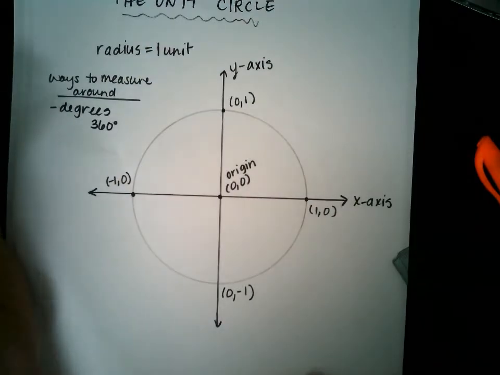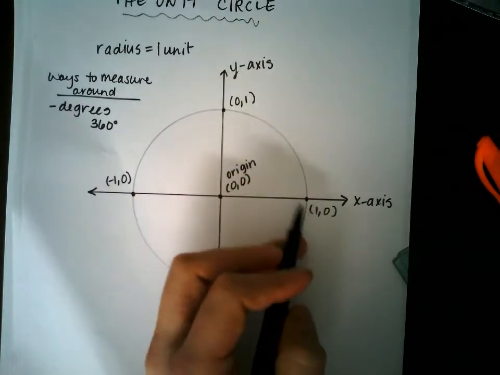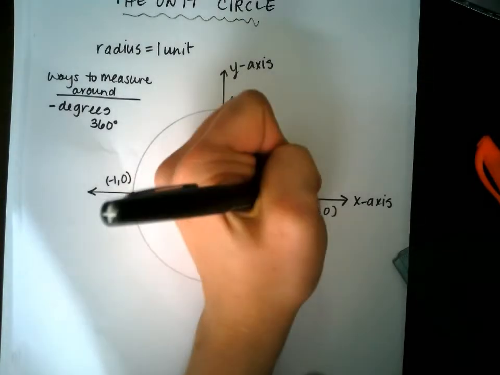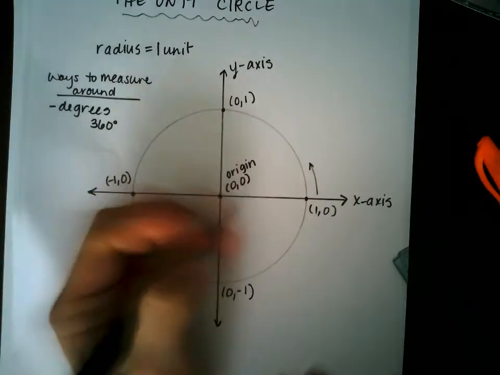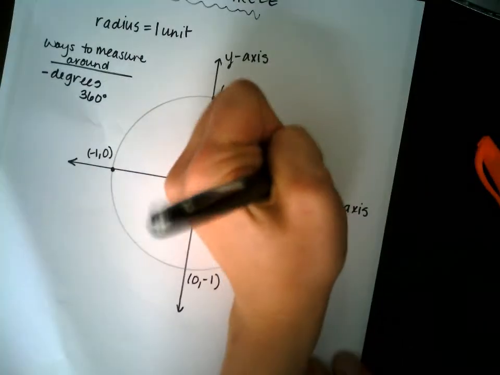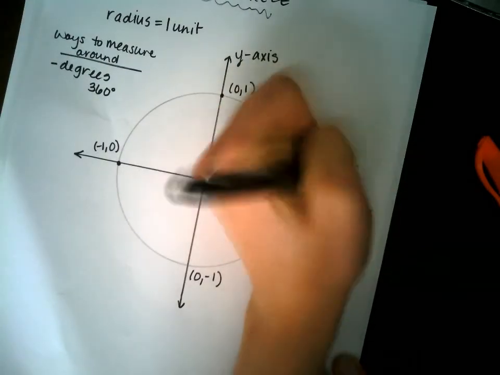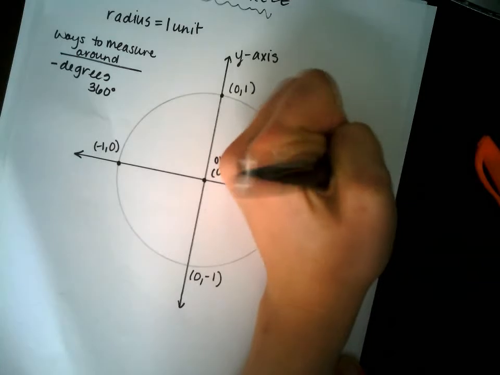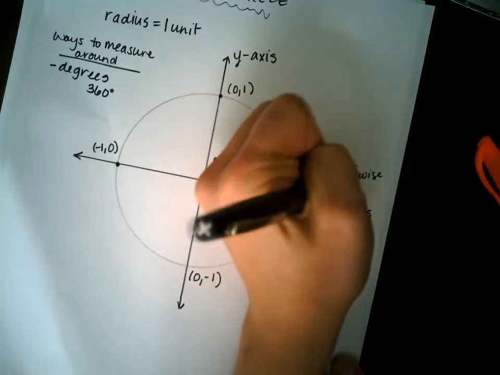When we are measuring around the circle using degrees, we always start right here, and we go in this direction to measure in positive degrees. So you go counterclockwise for positive, just like when we were doing rotation, we measured counterclockwise degrees to get positive.